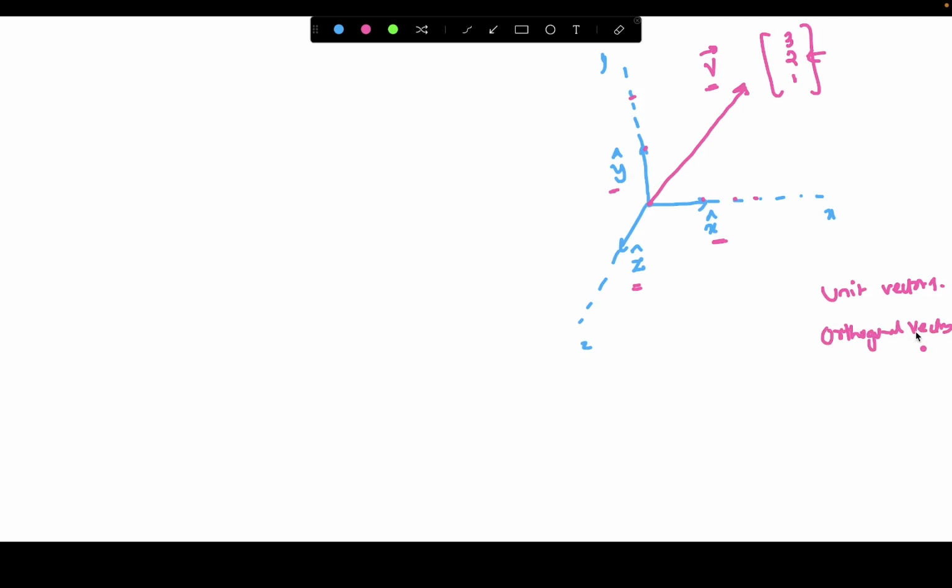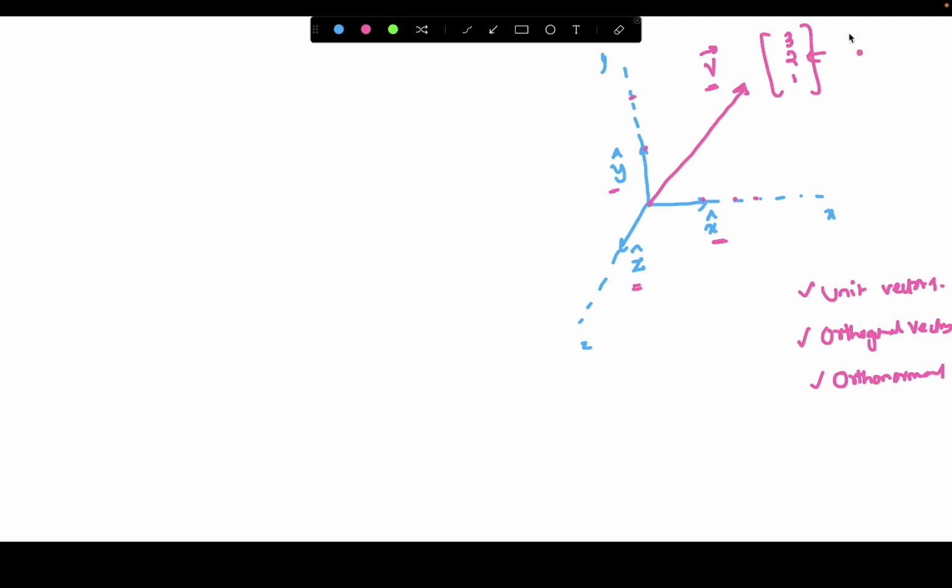And when all these three vectors which are perpendicular to each other are also unit vectors, then they are called orthonormal vectors. Let's understand the difference between unit, orthogonal, and orthonormal properly. A unit vector is a vector which has a magnitude of 1. Orthogonal vectors are two or three different vectors which are perpendicular to each other. They are also called orthonormal vectors when the magnitude of each one of them is equal to 1.